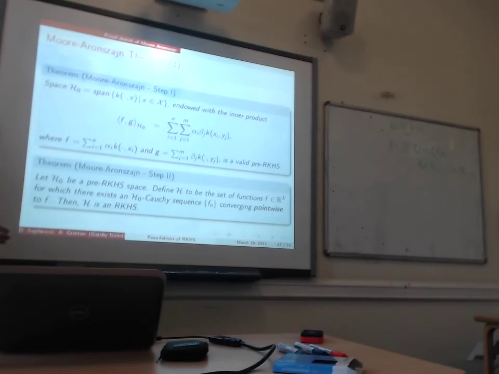And the second step is saying that whenever you have a pre-RKHS space that satisfies those two properties, you can build from it an RKHS. This kind of modular proof of the theorem is useful because it precisely gives you the conditions under which you can build an RKHS from some underlying space.